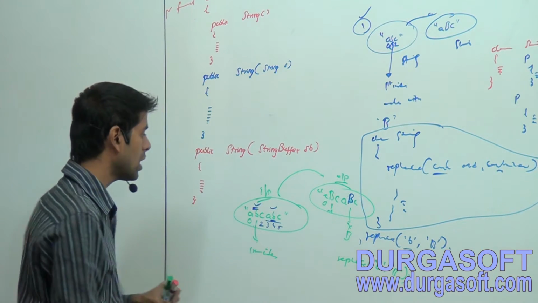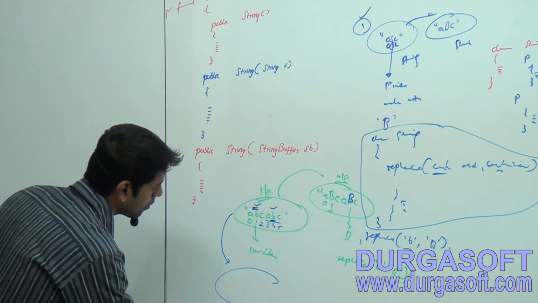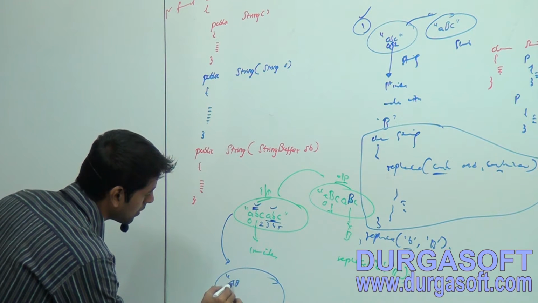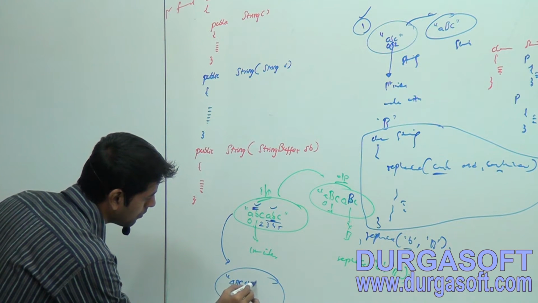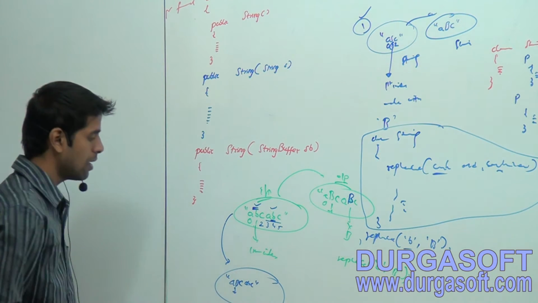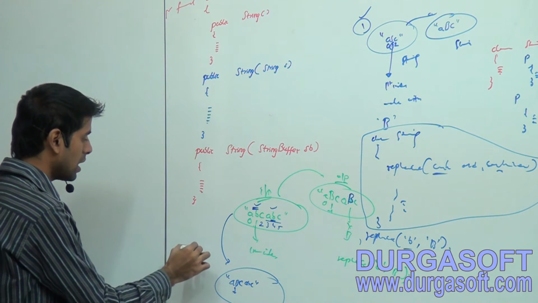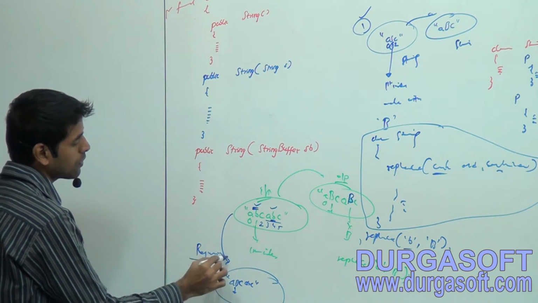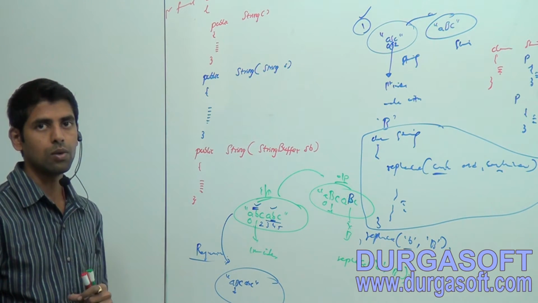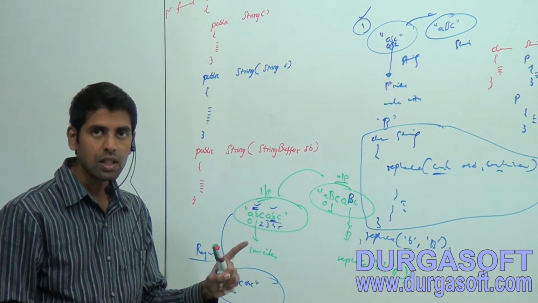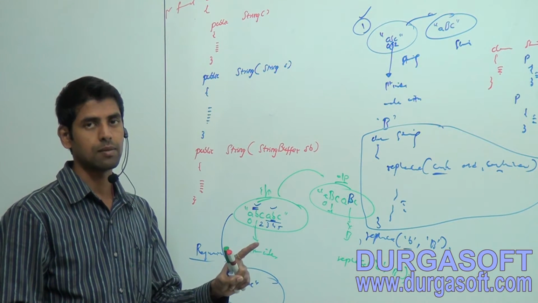Now I want only to replace what? First index small b as capital B. This is our exact requirement, right? We cannot achieve that by using string class methods.